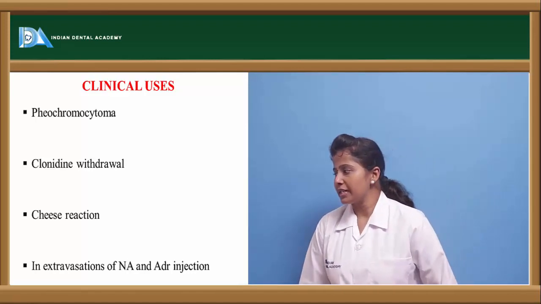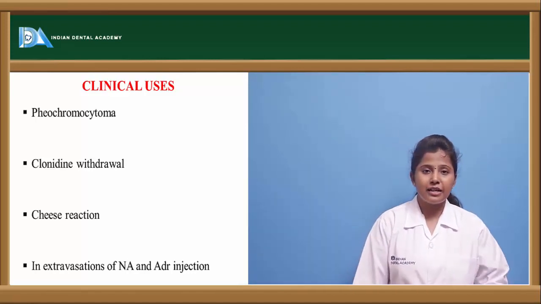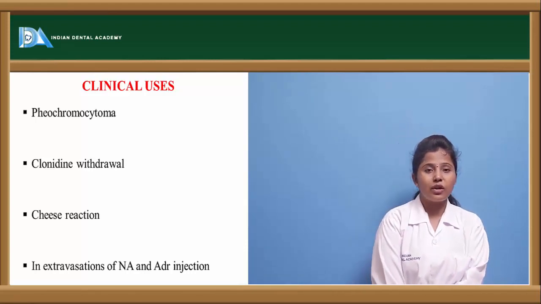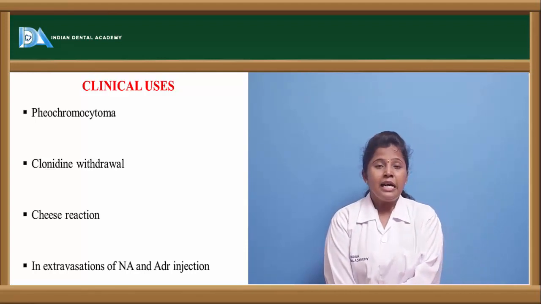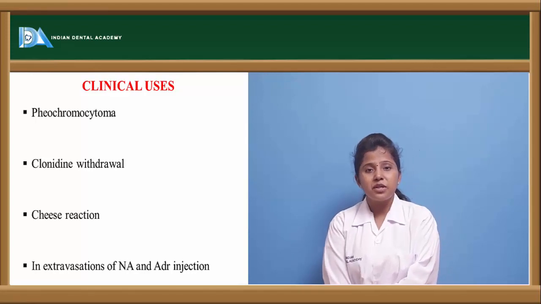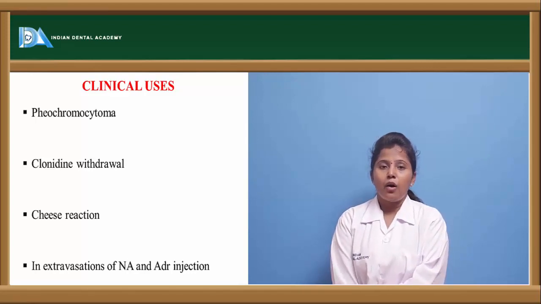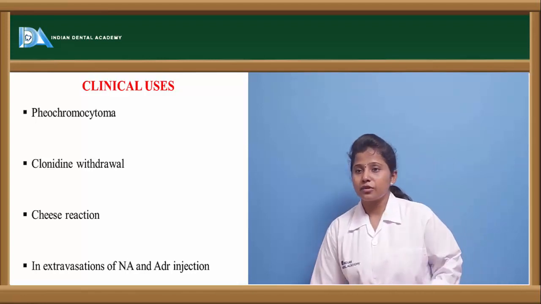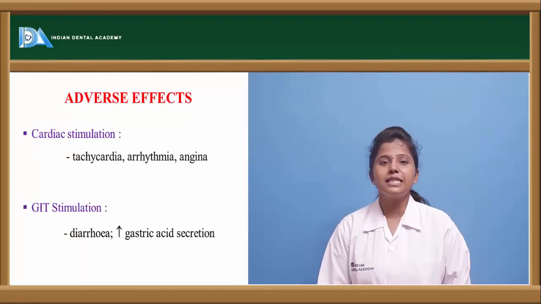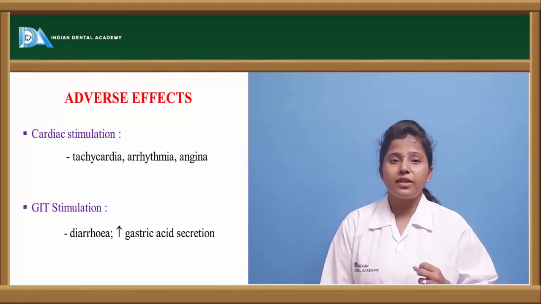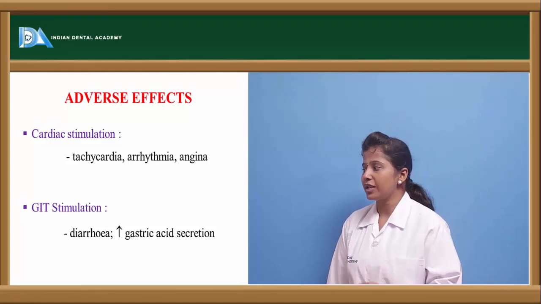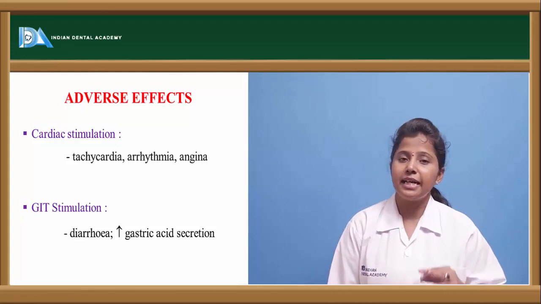Phentolamine is also used in extravasation of noradrenaline and adrenaline injection. When noradrenaline and adrenaline are given by the IV route, any side effects observed because of this route can be lowered to some extent by phentolamine. What are these adverse effects? They affect the cardiac system as well as the GIT. In the cardiac system: tachycardia, arrhythmia and angina.